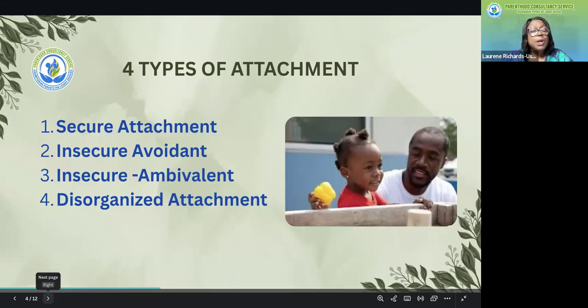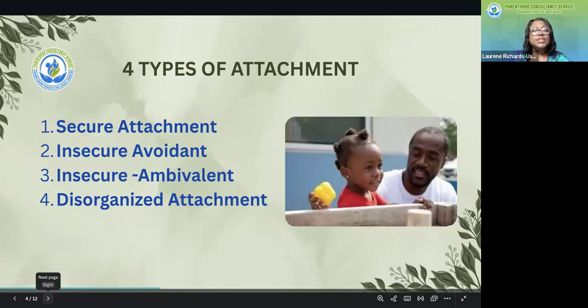But whenever the mom comes to pick her up, she's always crying, never wants to go home, because she was not attached to the mom. She's actually attached to her grandmother. So I'm trying to figure out why this little child is happy when grandma comes to pick her up. And as I tried to figure that out, that's why I came up with this topic for this week.